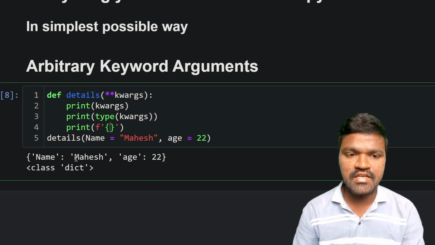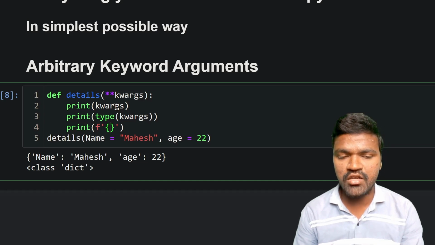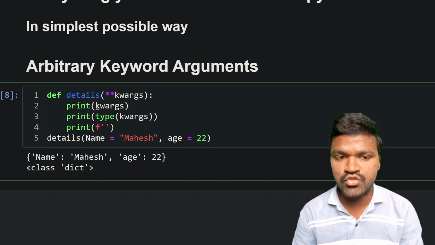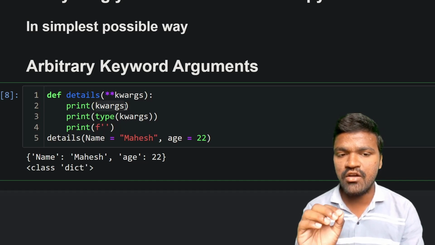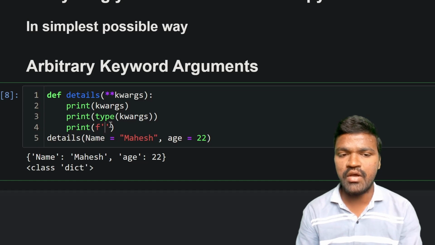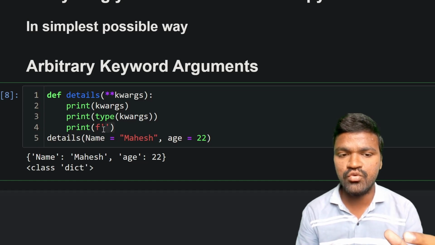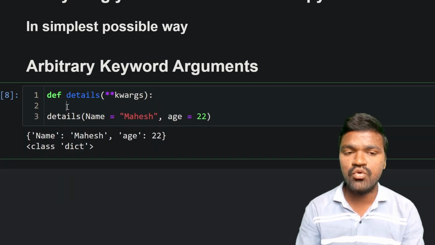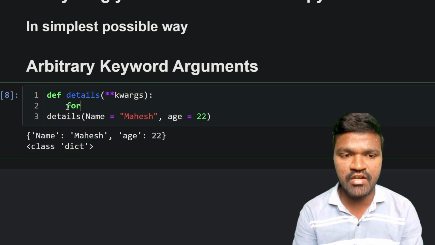Here we have the key value arguments, and in this we have the whole dictionary, so this kwargs is the whole dictionary. Instead of doing this manually, I can use a for loop to iterate through all these arguments. That is what I will do now.